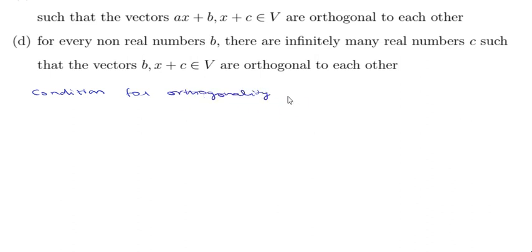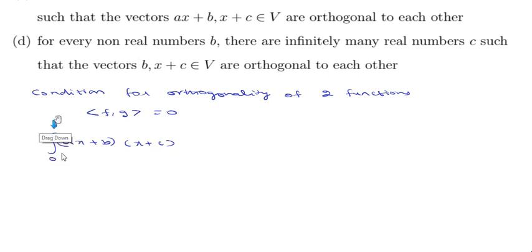Here the two vectors are given as ax plus b, the first vector, and the second vector is x plus c. So we will find the inner product for these two.